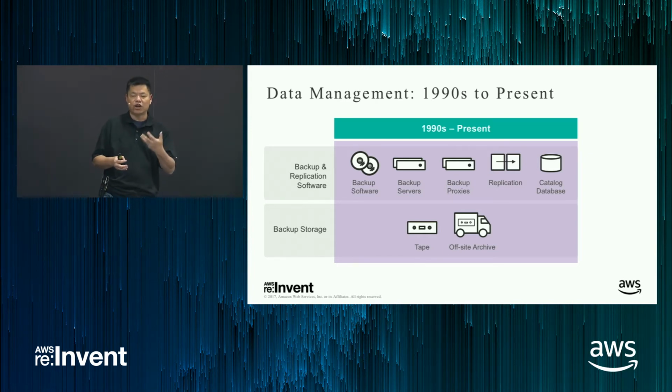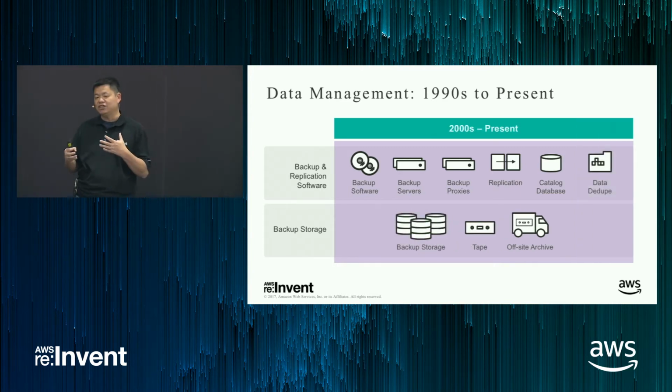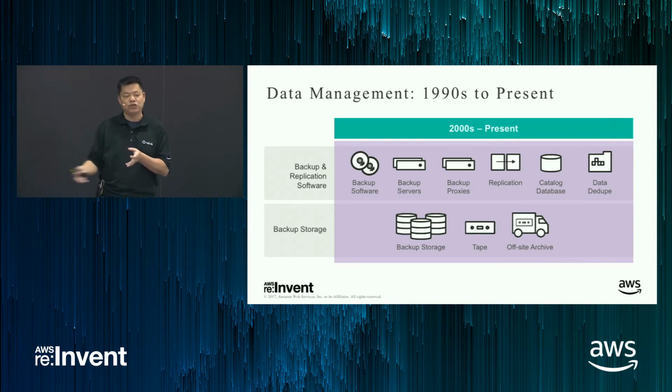And then over the years, as we started doing more virtual machines, we started making use of snapshots and moving those snapshots off to tape using a bunch of media servers. And over time, you need to grow, you would just add more servers. And then about 10, 15 years ago, one new innovation that came in was the idea of being able to back up the disk as a way to shorten the backup window, because you could back up much faster to disk than you could to tape.